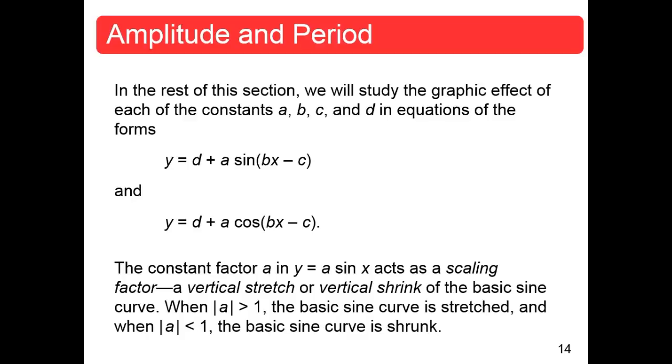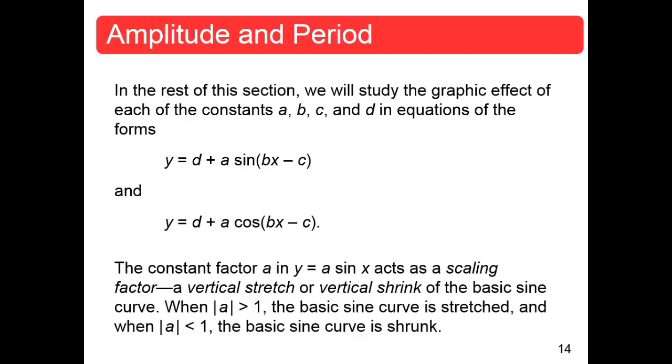Now, what we haven't done yet, but what the period depended on, was the thing that came in front of the x. If there's a 1 there, then it was 2 pi. If it's anything other than 1, you either got a horizontal stretch or a shrink. We'll get there. These numbers have to do with horizontal shift, vertical shifts.